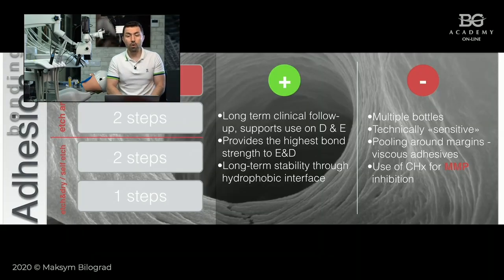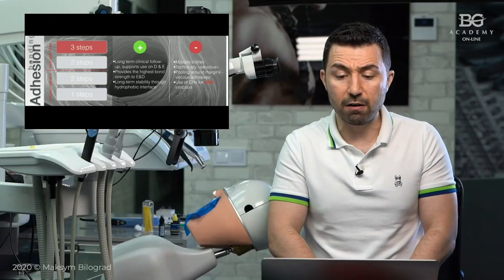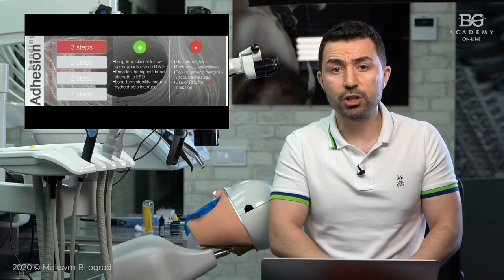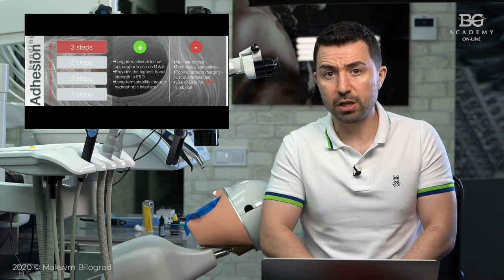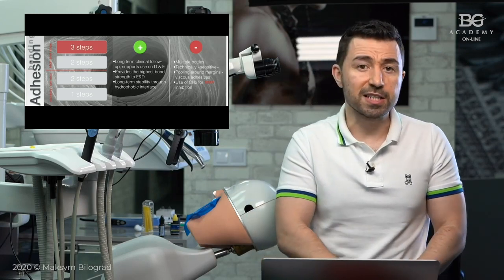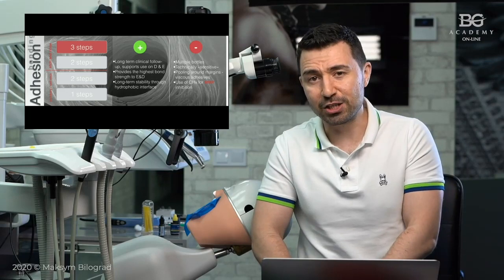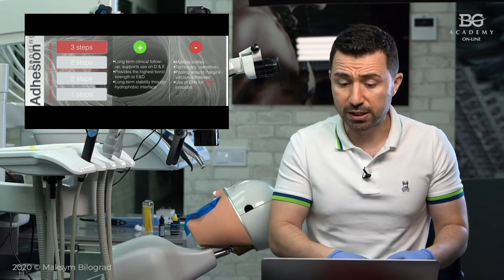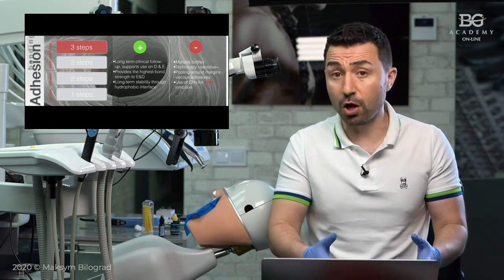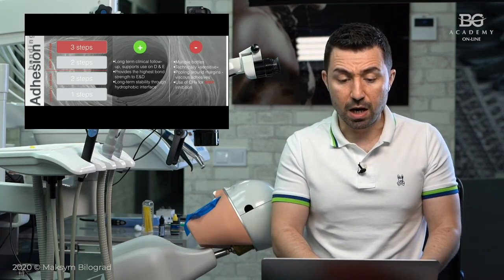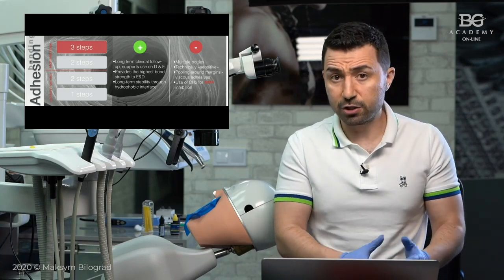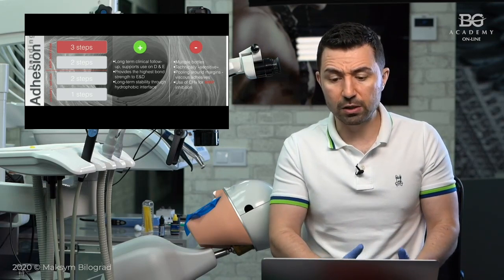Now let's go deeper into evaluation and understanding of these adhesive systems. We will start with 3-step classic total etch, fourth generation adhesive systems, when you have separate primer and separate adhesive. The benefit of this adhesive system is that it is well known. It has been available on the market for a long time, and you have a lot of research and papers that show long-term clinical trials and results.